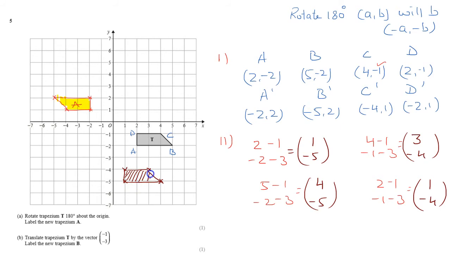So this is the transformation of the trapezium by the vector (-1, -3). Label it as trapezium B.